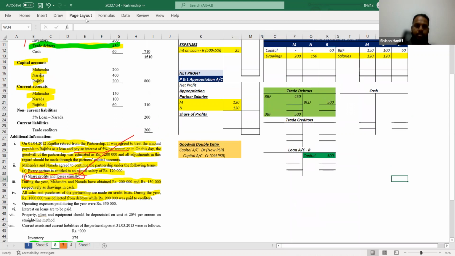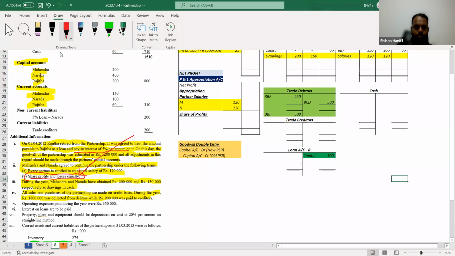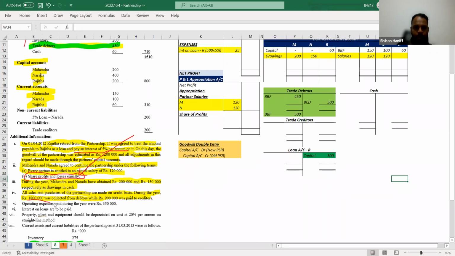Then the cash received from debtors is given. All sales and purchases during the year, 1.8 million was collected from the debtors. So cash received means cash account debit, debtors account credit, 1.8 million.